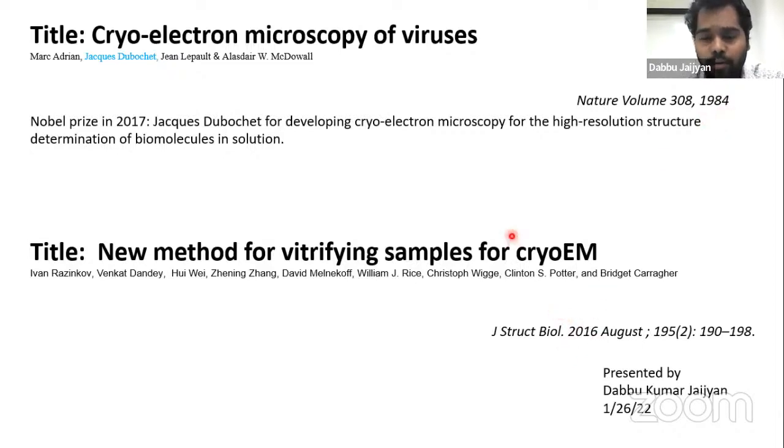So we will see how the technology has advanced from 1984 to 2016, what the transition period was, and how the technology revolutionized the field of structural biology, especially cryo-electron microscopy. Before going into detail, I would like to give a very brief introduction regarding the method of vitrification.